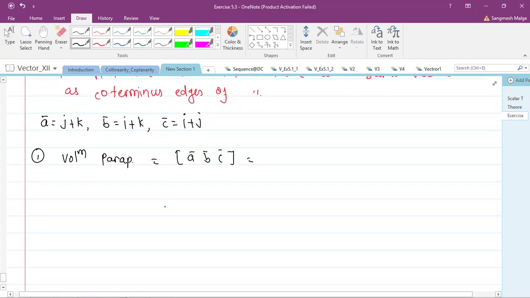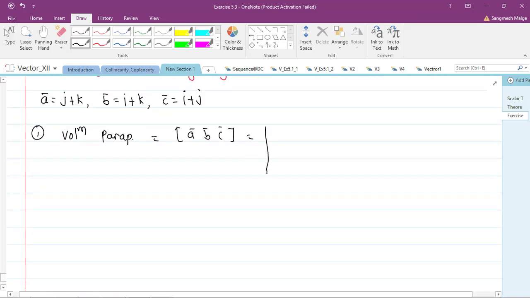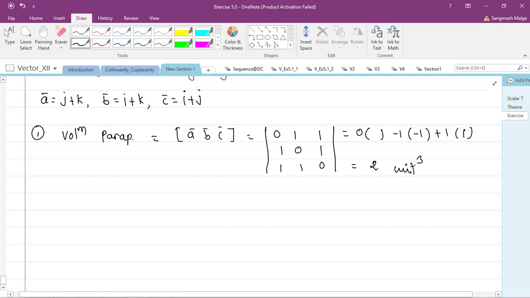It is 0 1 1 first, 1 0 1 second, and 1 1 0 third. Solve the determinant. 0 into anything is 0, minus 1 into minus 1, and plus 1 into 1. So the answer is 1 plus 1 is 2. So 2 is the volume of parallelepiped, which is 2 unit cube.